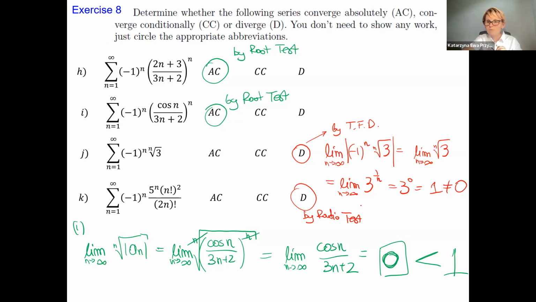I found negative 12 over 20. Which one? I have confusion on what to simplify into. You mean geometric series, right? Let me come back.